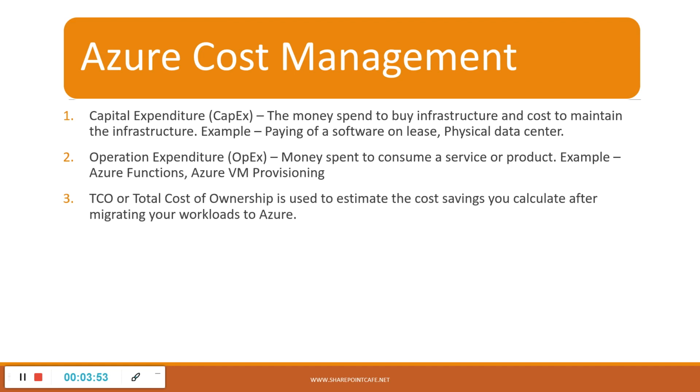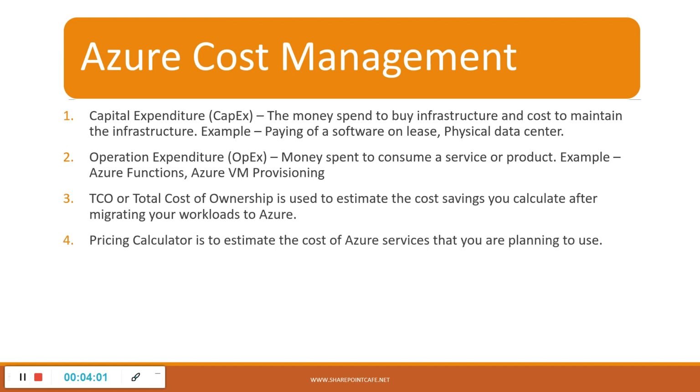TCO, or total cost of ownership, is used to estimate the cost savings you calculate after migrating your workloads to Azure. Pricing calculator is to estimate the cost of Azure services that you are planning to use. So there are differences between TCO and pricing calculator. Pricing calculator is basically to estimate the cost before you move to Azure.